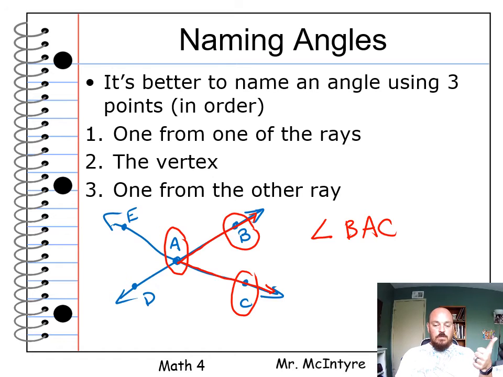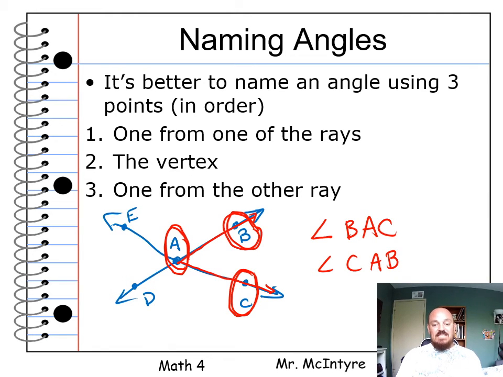So B was on one of the rays. A is the vertex. C is on the other ray. Now, I could have also called this angle CAB. That's if I kind of went in the other order. I said, okay, well, point C is on one of the rays, then the vertex, then B is on the other ray. What I cannot do is switch the order in any other way.